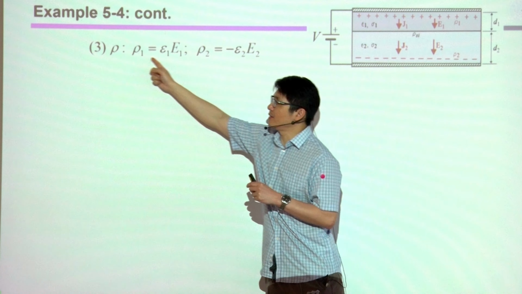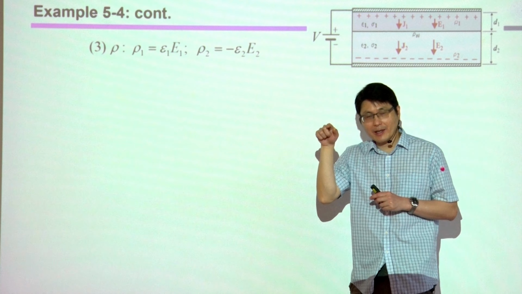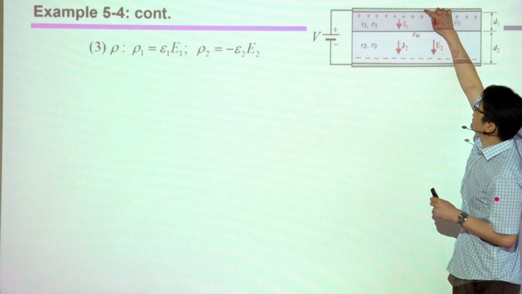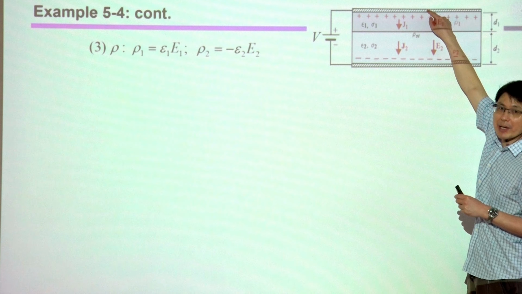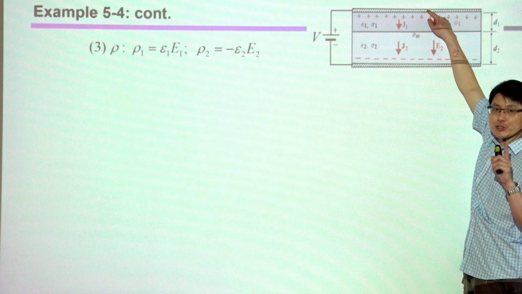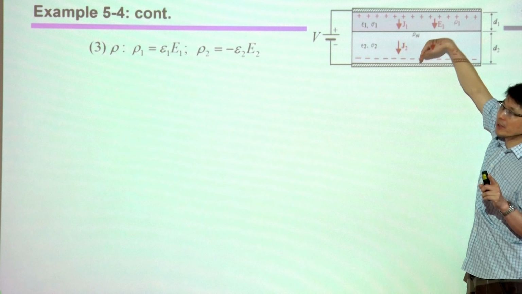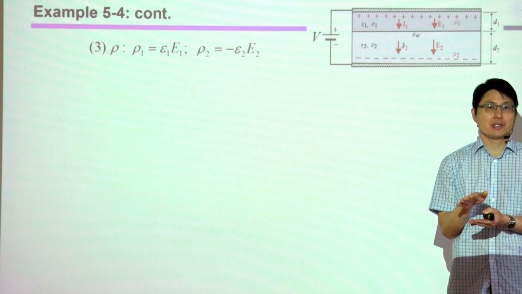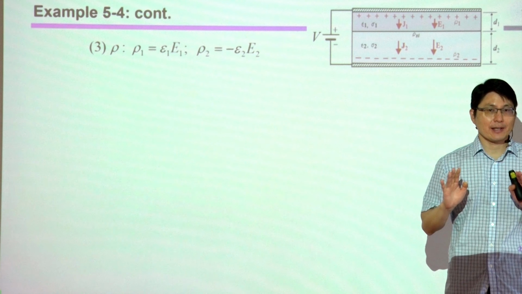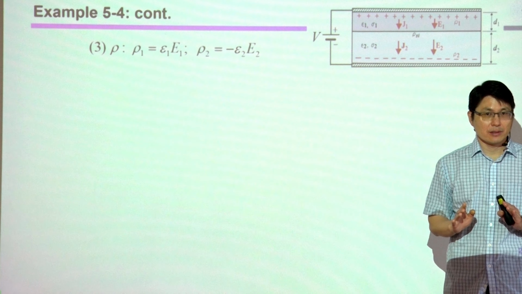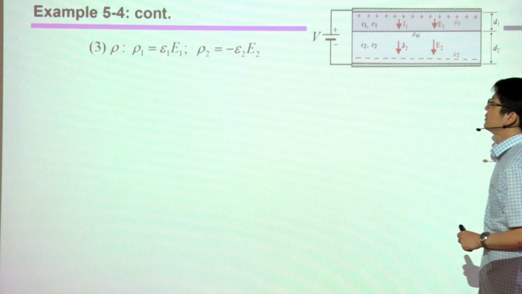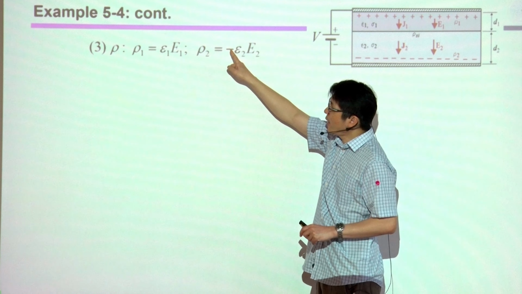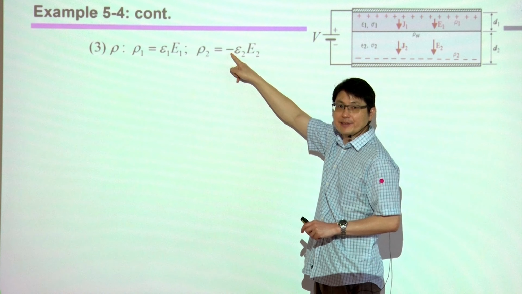Why can't I just write down this? D1n minus D2n equals rho, but because now I have the top material being metal, I assumed these metal plates are comprised of perfect metals. So inside the metal, you cannot have fields. Okay? All right? Rho 2 has to have a negative sign.